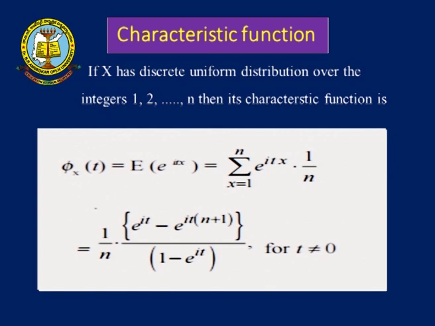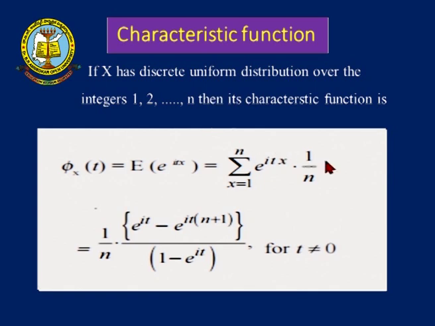Just identify these two important differences. Now I can expand this definition as per the definition of mathematical expectation: summing over x taking values 1 to n, e to the power of itx into its probability mass function p of x. What is the probability mass function of the uniform distribution?